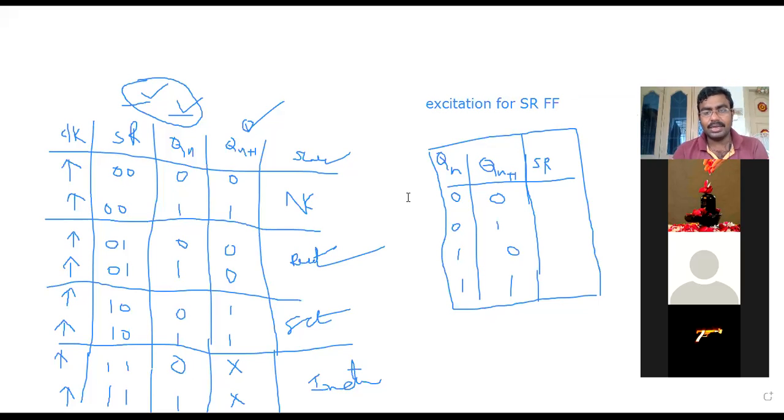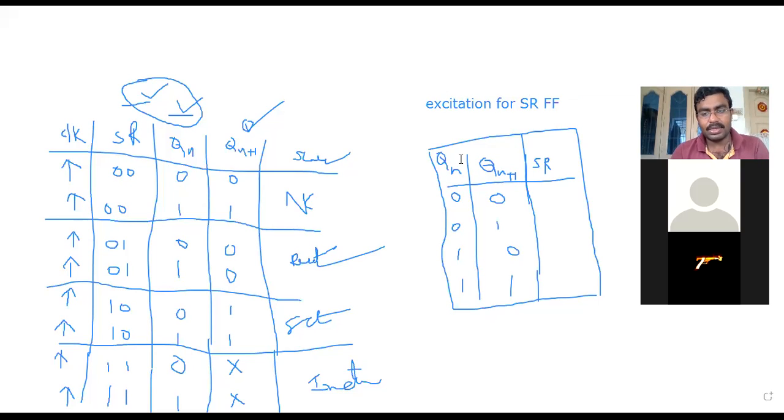Okay, look at here, guys. We have present state, we have next state as 0 0 initially. Look at the truth table what we have in the left side. We have present state 0 here and next state also 0 here.